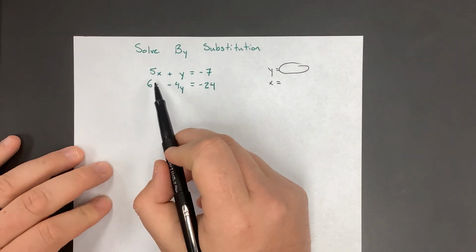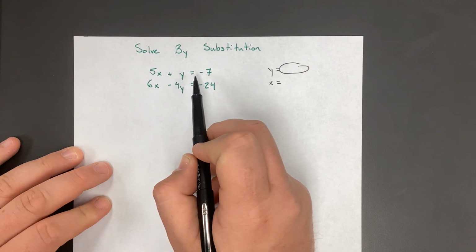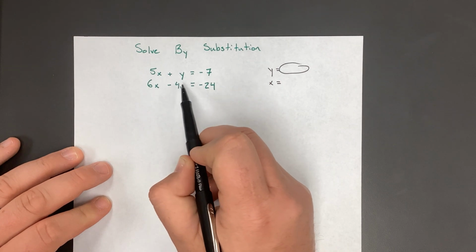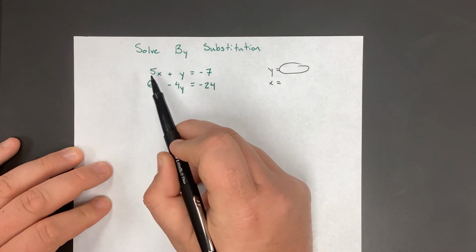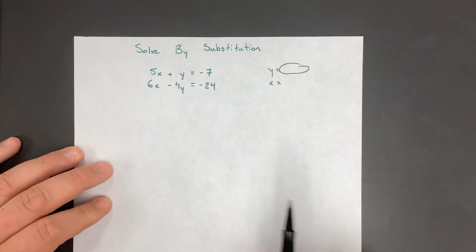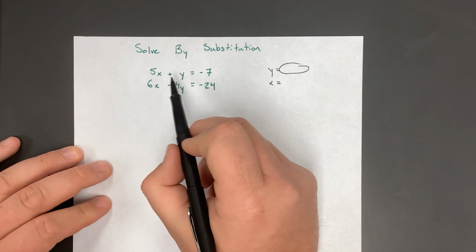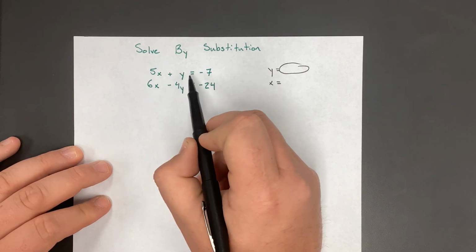If I look at this top equation, 5x plus y is equal to negative 7, I already have one y here. It's primarily alone, but it has this 5x hanging out with it on this side of the equal sign. So I'm going to manipulate this equation to where y is isolated.